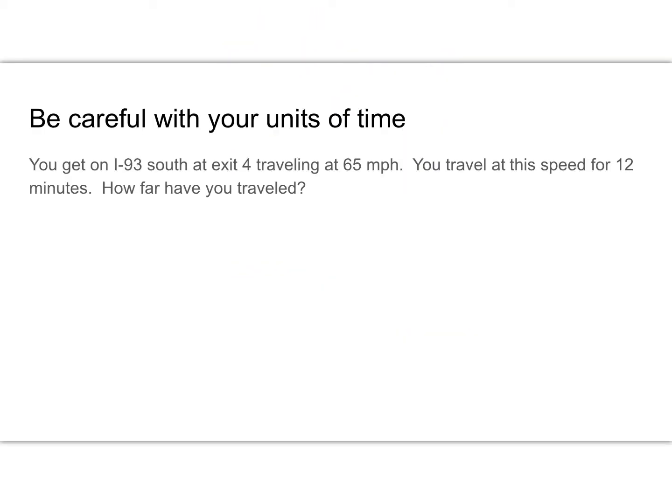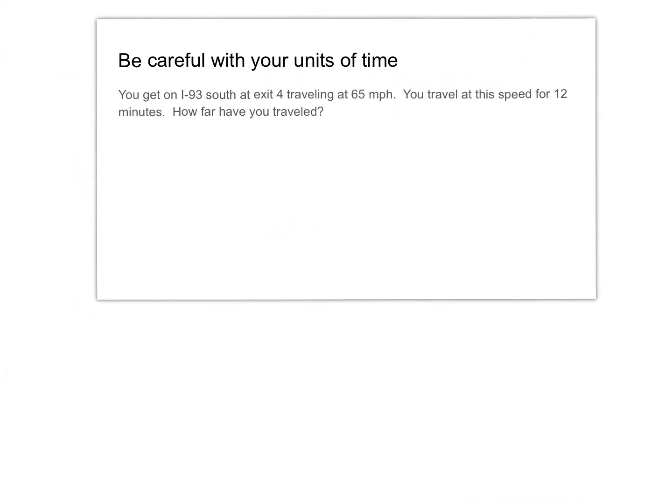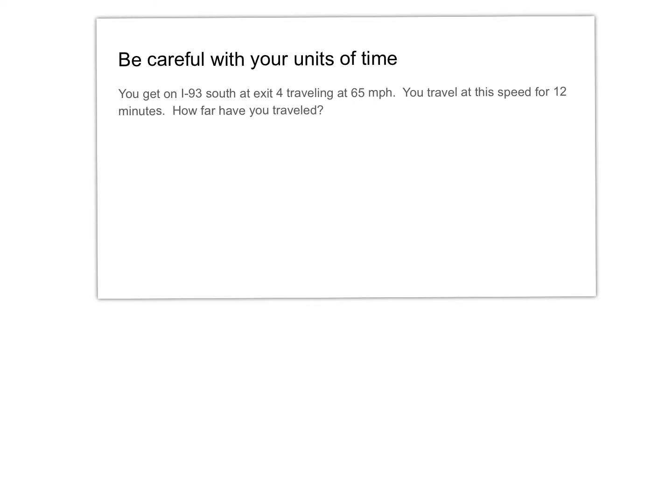All right, now here's where we've got to be careful. We have to be careful with our units of time. You get on I-93 South at exit 4, traveling at 65 miles an hour. You travel at this speed for about 12 minutes. How far have you traveled? Now again, we have to watch out for our units of time. Notice that we are traveling at miles per hour.